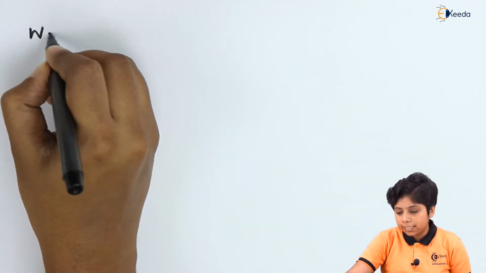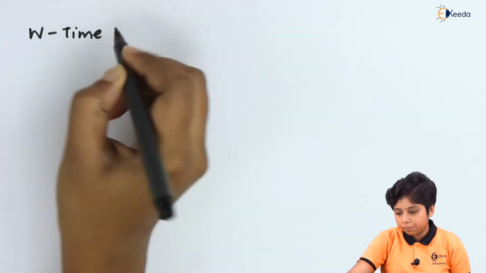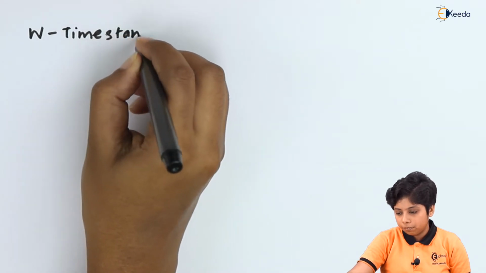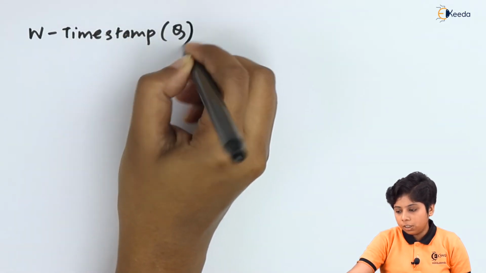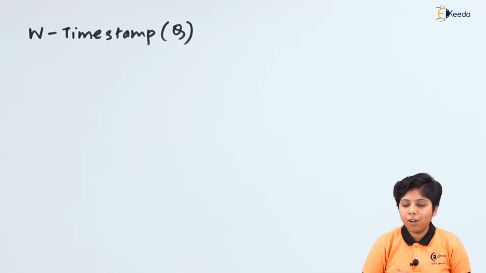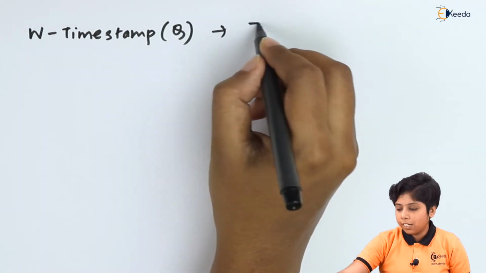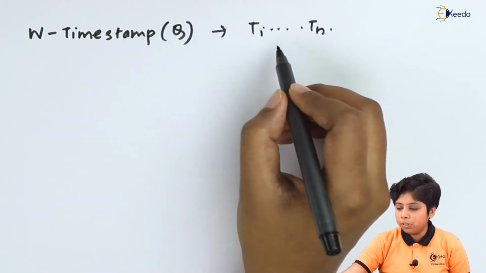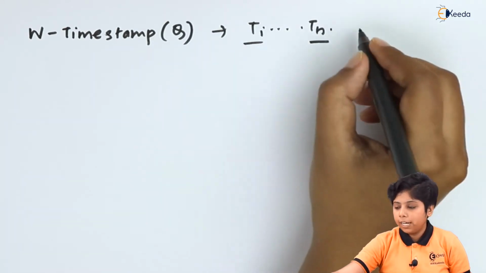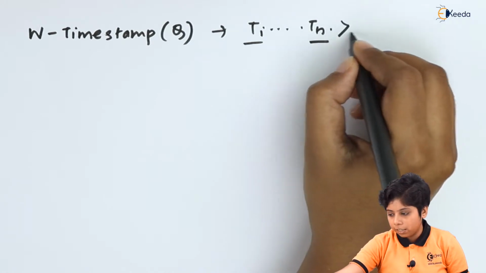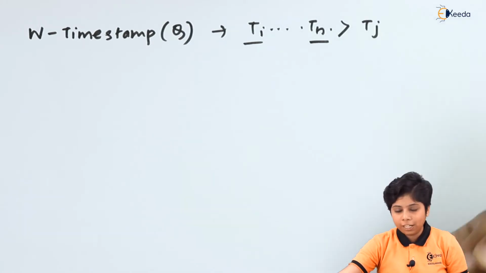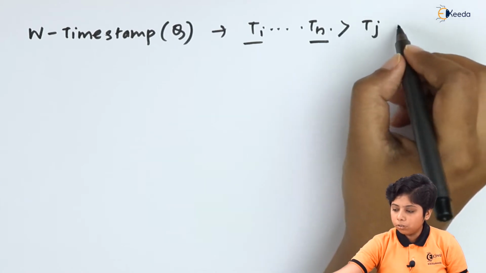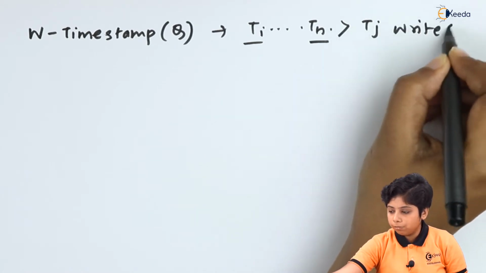If we say W-timestamp of Q, that means it is the largest write timestamp that has accessed Q. So if there is a set T1 to Tn, then the W-timestamp of Q is the largest, greater than all the TJ which write on Q.